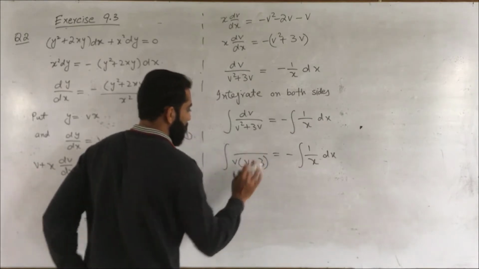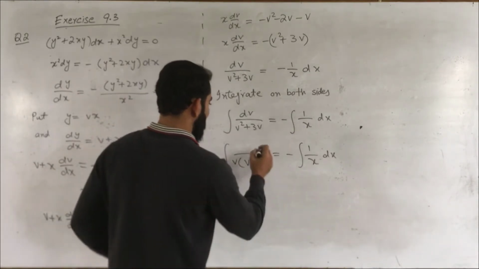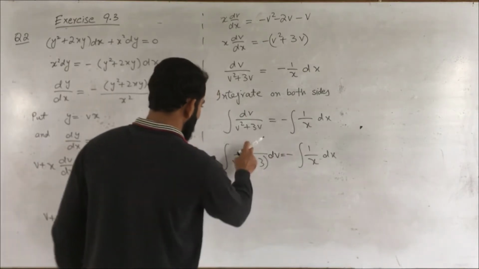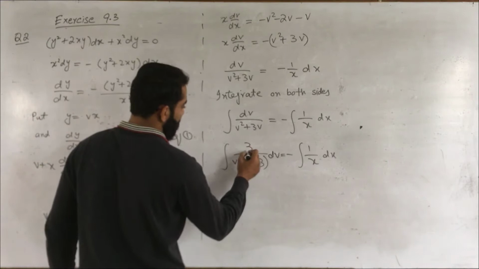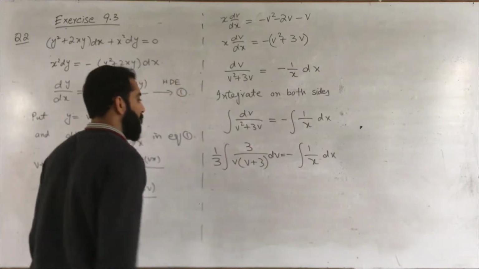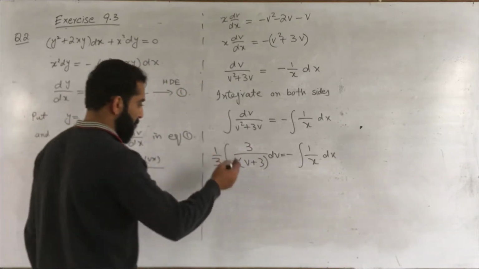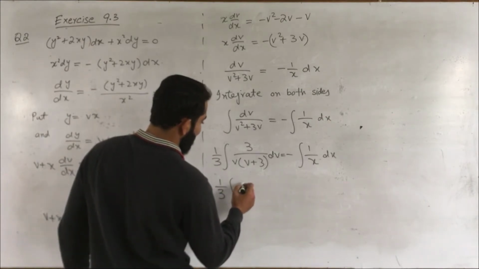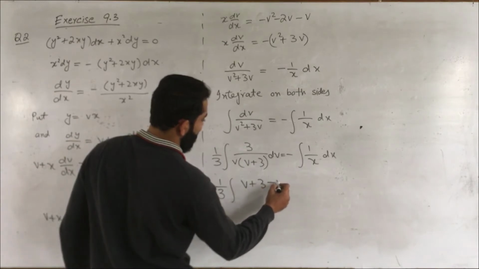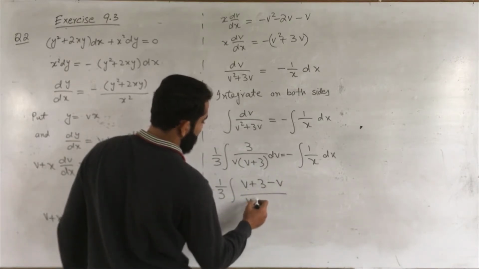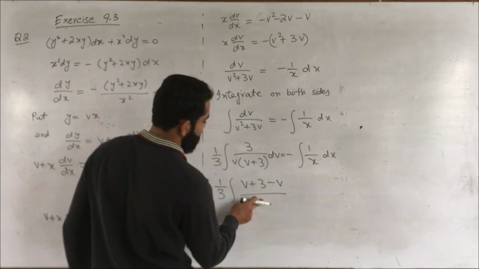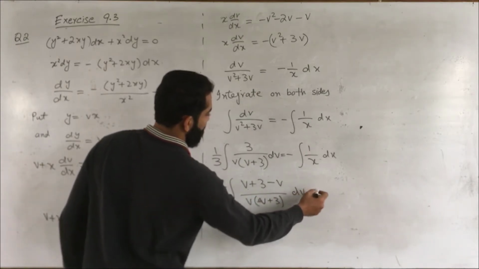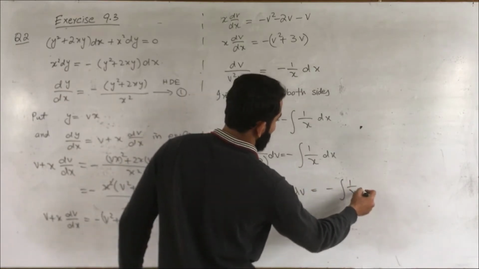Here we have 1, we will multiply with 3 and divide by 3 to obtain the separation of this integral. Now add v and minus v, which converts to v minus v plus 3, dv is equal to minus integration 1 over x dx.